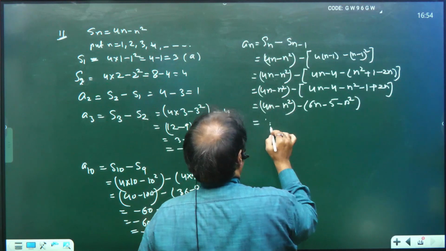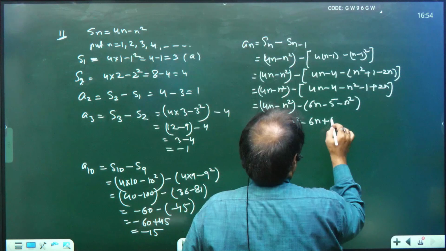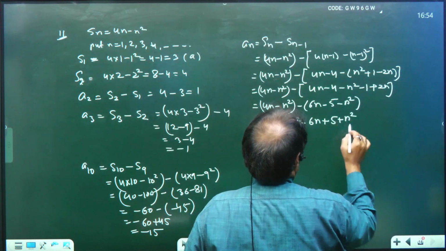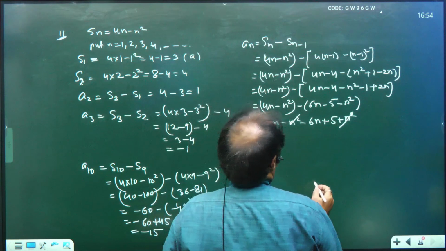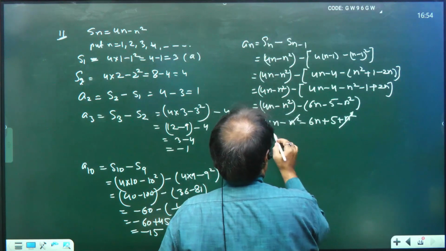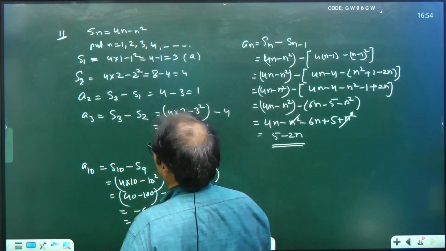And now open both the brackets. So 4n minus n square minus 6n plus 5 and plus n square. So this will cancel out. So finally 5, 4n minus 6n. So 5 minus 2n. This is the answer of the an term.